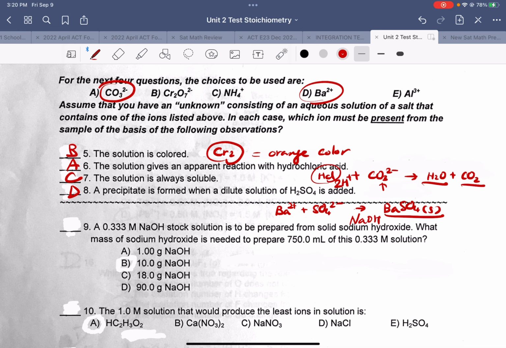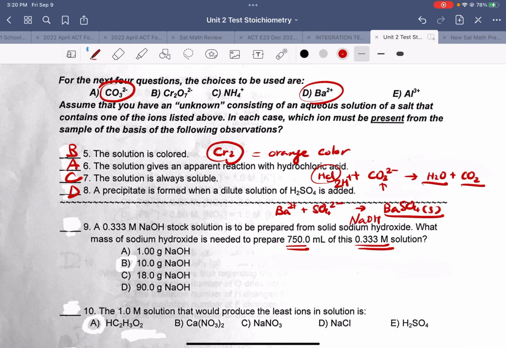So what you have to do first is, I want to know how much.